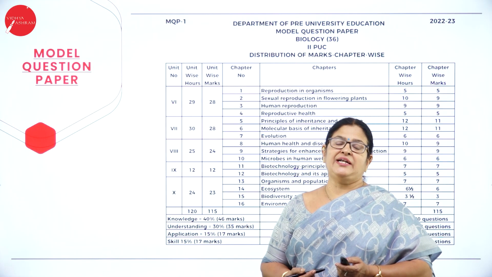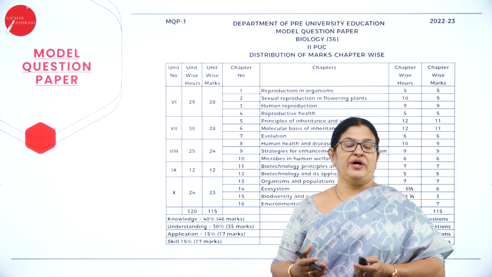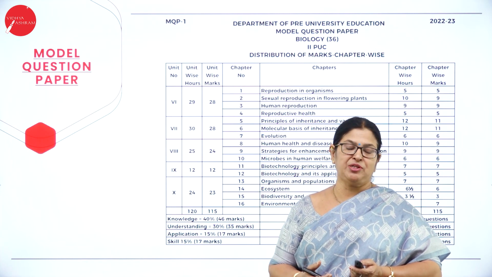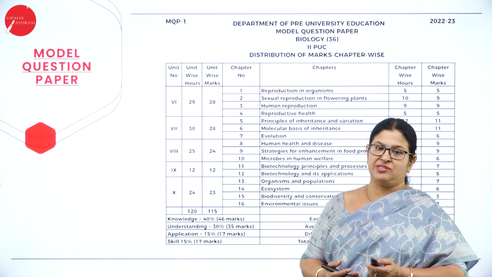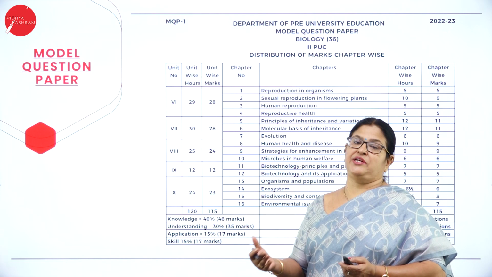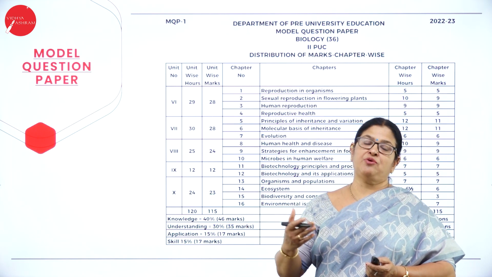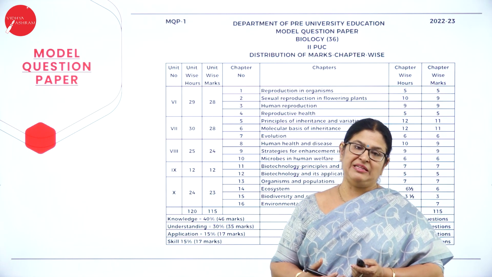And I'm sure all of you know there is a change in the pattern of question paper, where the board has introduced the MCQ pattern, that is the multiple choice question pattern, along with the fill in the blanks. So in this model paper, you will have 20 questions: 15 questions from MCQs and 5 questions from the fill in the blanks.